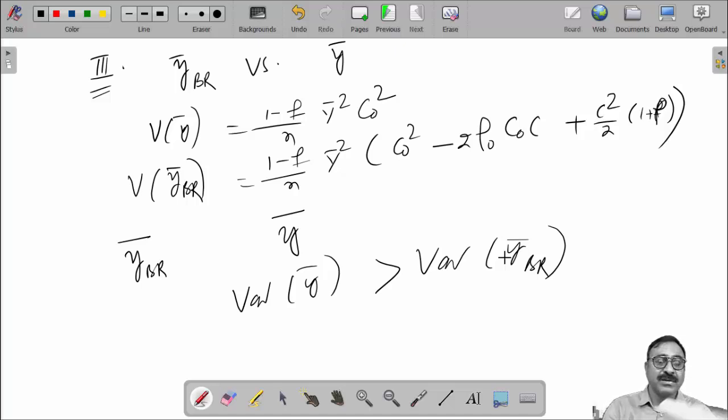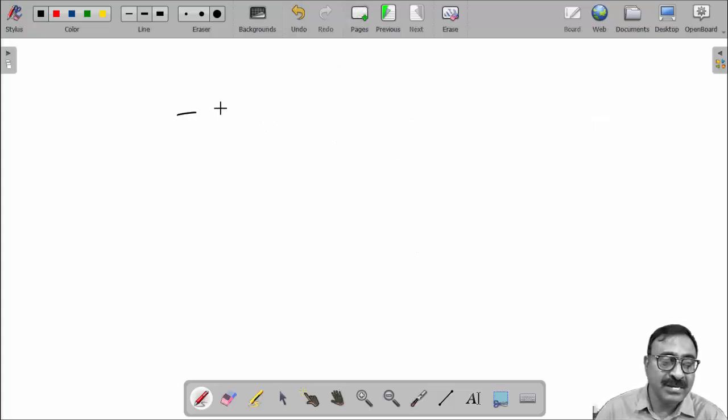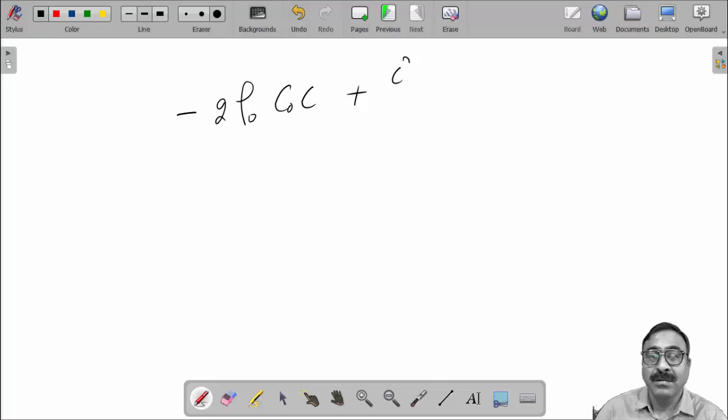Now we have this greater than this, that means this minus this is greater than 0. So we get minus 2 rho 0 C0 C plus C square by 2 (1 plus rho) is less than 0.